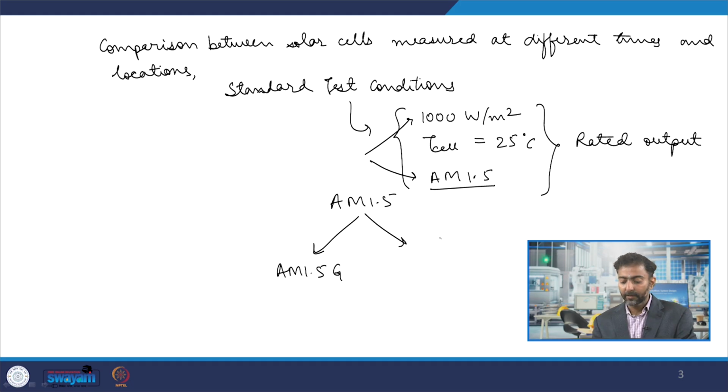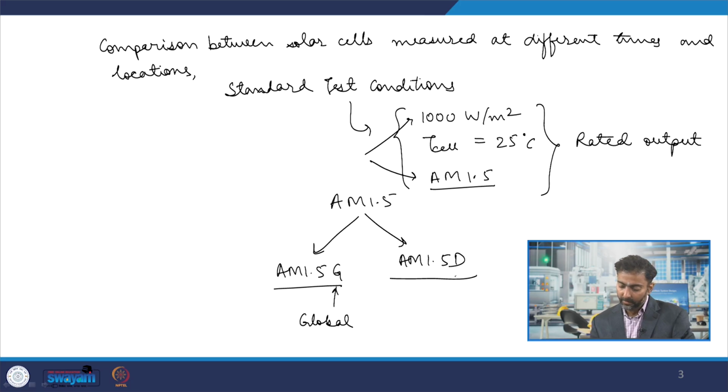Another option is that if someone does not take the diffused radiation into account, if they just take the direct radiation into account, then they would get AM 1.5D. So, there are these two options of spectrums, AM 1.5G and AM 1.5D, where G stands for the global radiation or the overall radiation and D stands for the direct radiation.